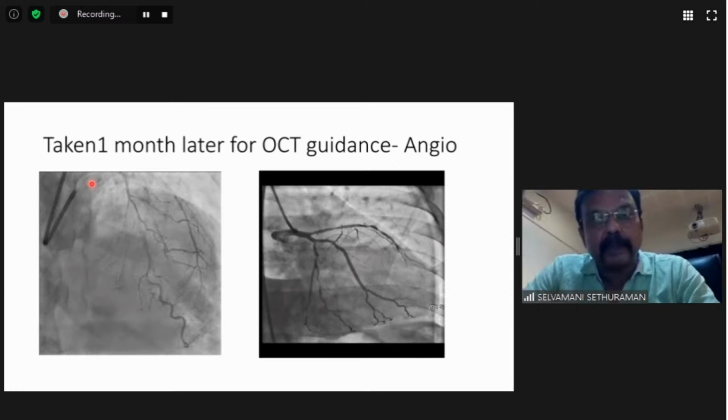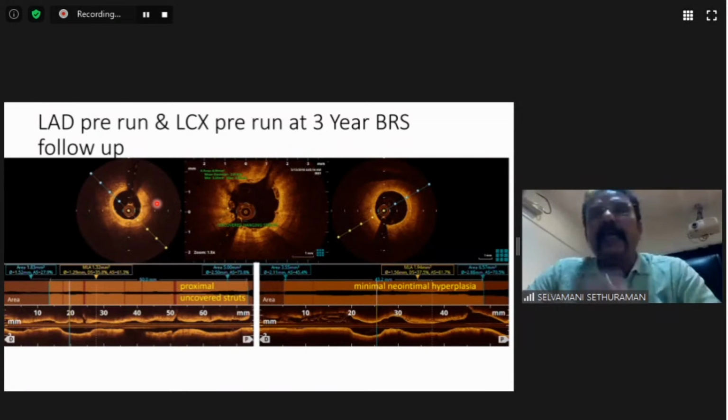The scaffold is three years old, where you realize there are some areas that are well utilized, and then areas that are unutilized or just stretched, and some areas of malapposition, and some areas with very minimal expansion.